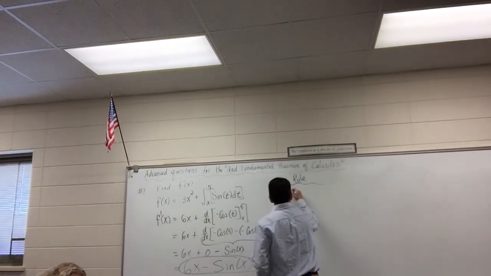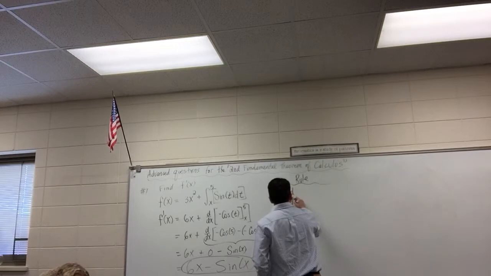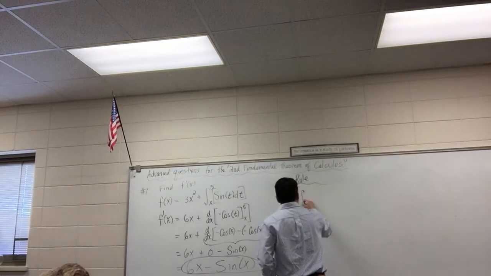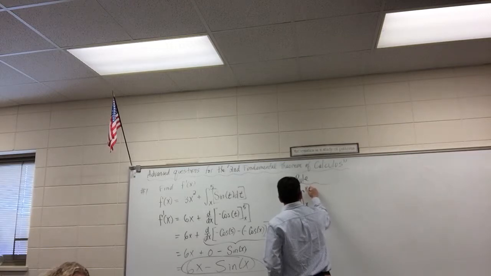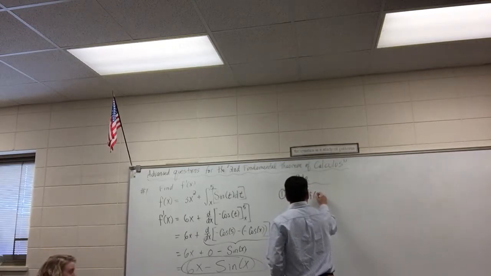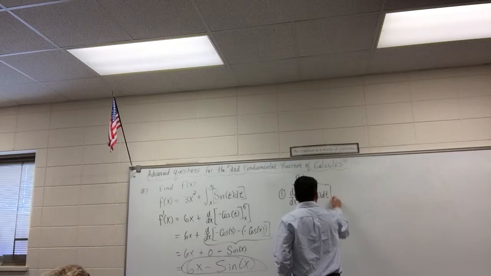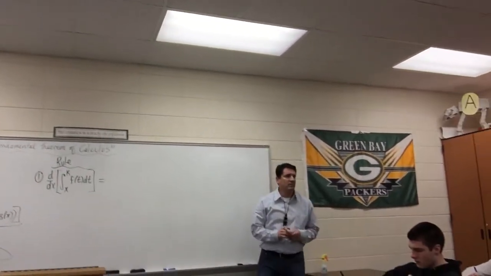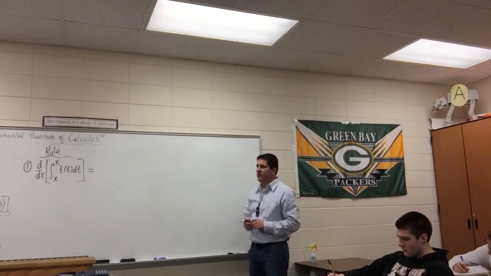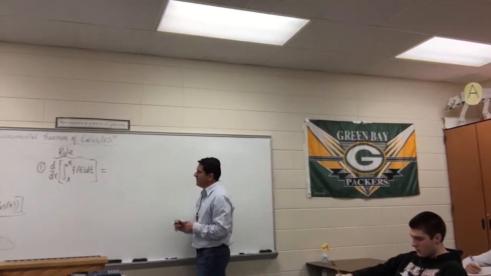The derivative of the integral from x to k of f of t dt. This is similar but different to the rule that we wrote for the second fundamental theorem of calculus.